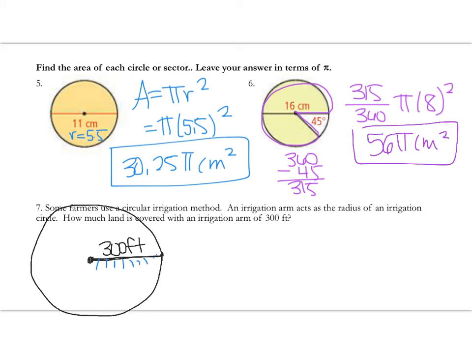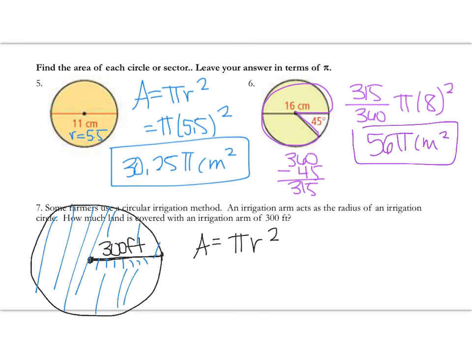So it doesn't tell you directly here, but because we're talking about the space that it's covering, it's going to cover all of this space. It's going to get water in it. So we are looking for area because we're looking at how much space is being covered. So you have to read into that in the problem, and it's of the whole circle. So it's going to be area equals pi r squared. And I know the radius is 300.